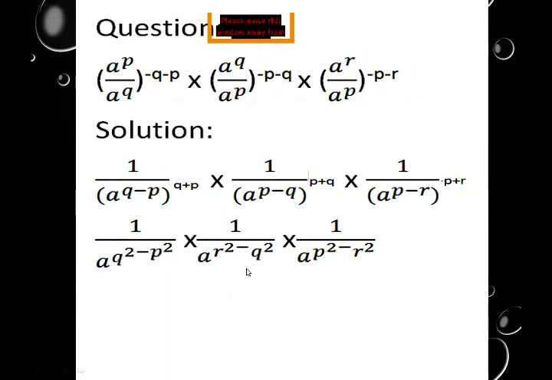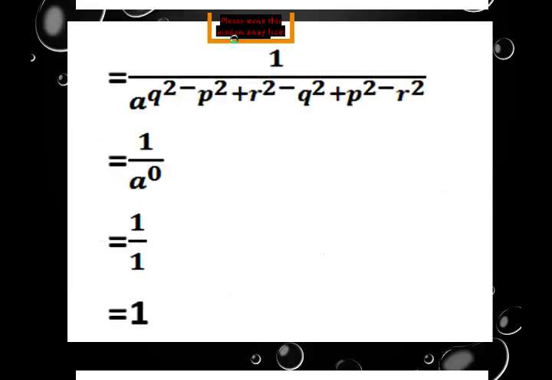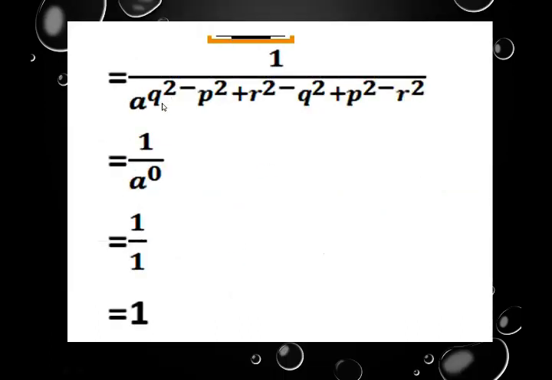So follow the steps. Right, what are we doing? A is the same base, so it will remain a to the power q square minus p square. We are adding the different exponents: r square minus q square plus p square minus r square.